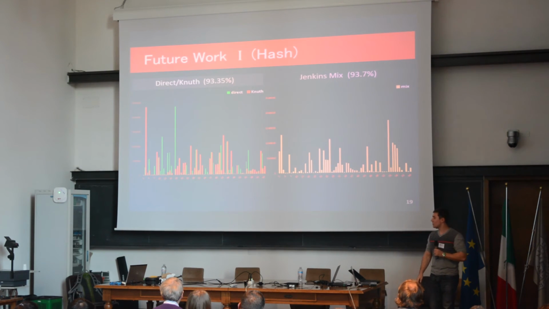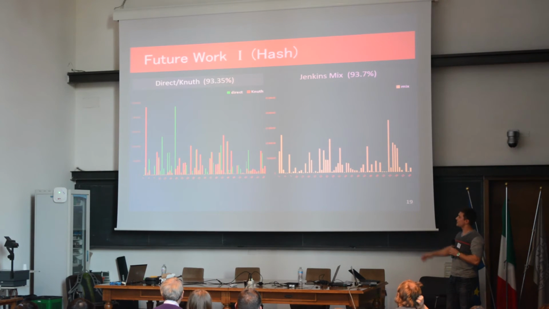In the future work, we would like to also explore an additional design space, that is hashing, proper hashing. For example, there is the traditional bimodal branch predictor. The green one here is addressed using the branch address and the remainder by the number of table entries.